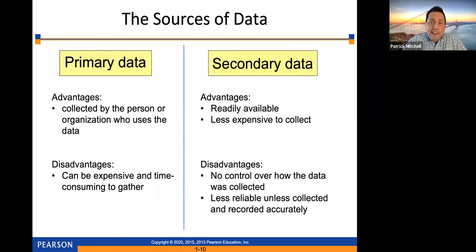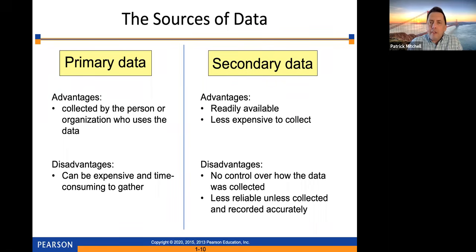Some advantages and disadvantages of primary and secondary data. So of course, the advantage of primary data is that it's been collected by the person or organization who's going to use it. Disadvantage of primary data is that it can be expensive to collect your own data, and it can also be time consuming.